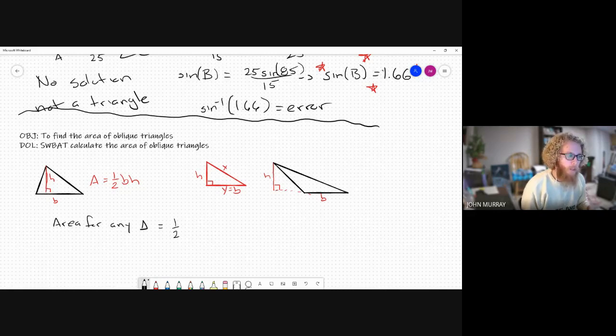These are all going to be interchangeable depending on what sides we're given. So I'm going to give you a couple of equations here. So here, let's say 1/2 the base, so we still have that. But now my height, well, that depends on, so I'm just labeling the other sides.